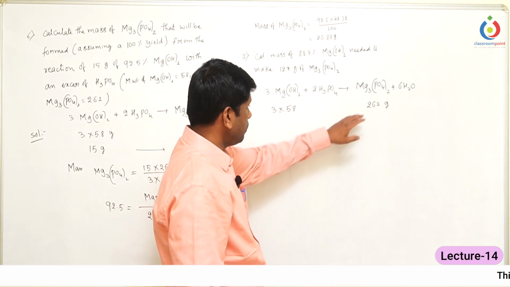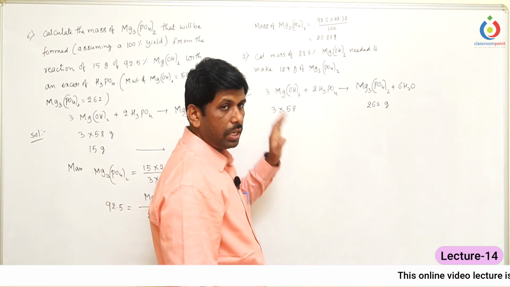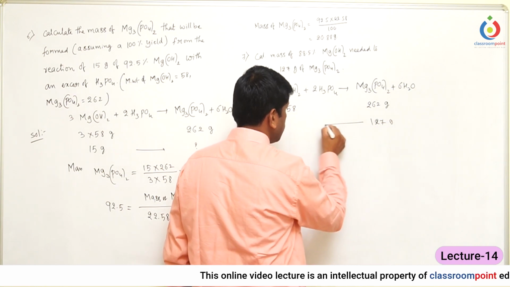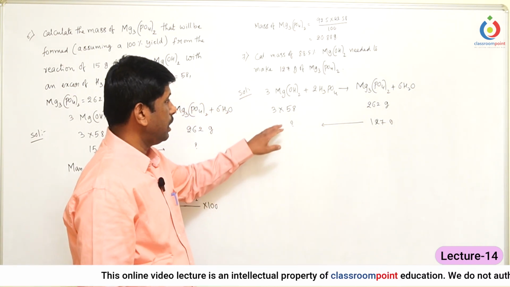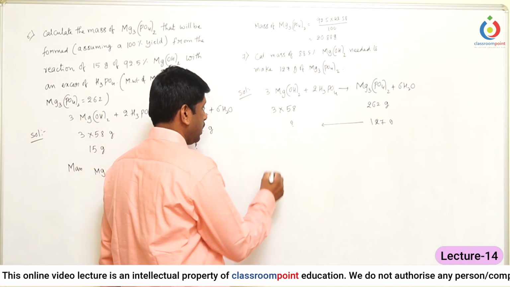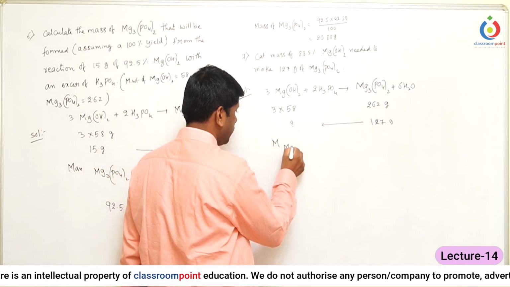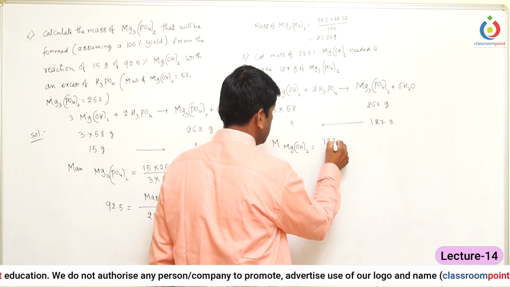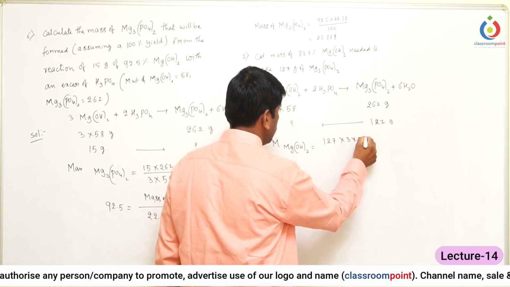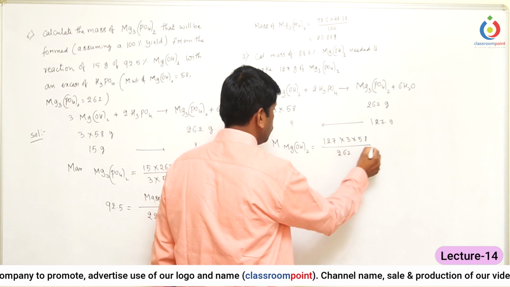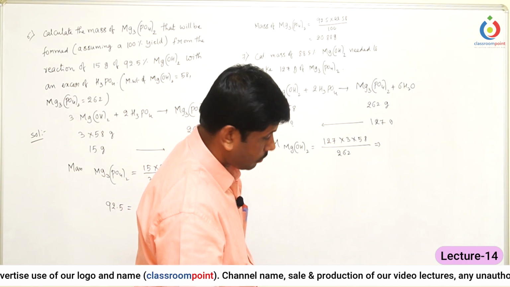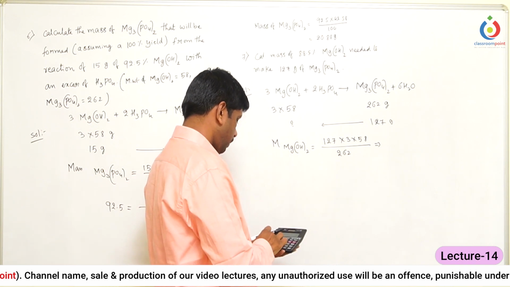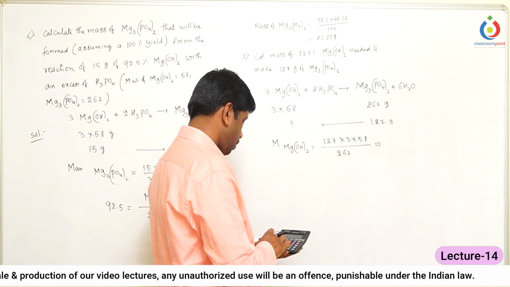That means 262 grams comes from 3 into 58 grams of magnesium hydroxide. Then 127 grams could be produced from how much mass of magnesium hydroxide? So the mass of magnesium hydroxide required, by cross multiplication, is 127 into 3 into 58 divided by 262.